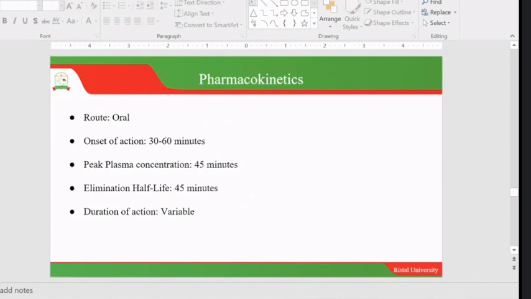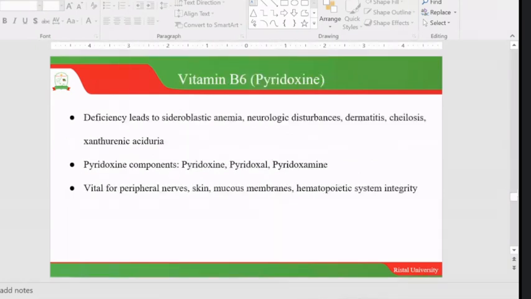All right, so now let's look at vitamin B6, or what you could call pyridoxine. Its deficiency is not only one type of anemia. Every time people talk of anemia, we rush and categorize all anemias as iron deficiency anemia.